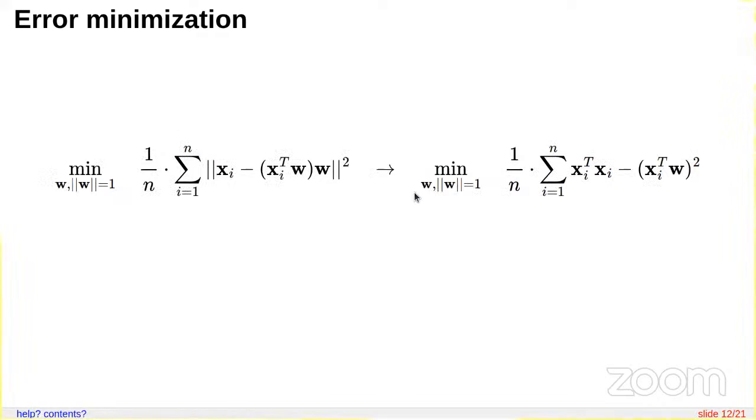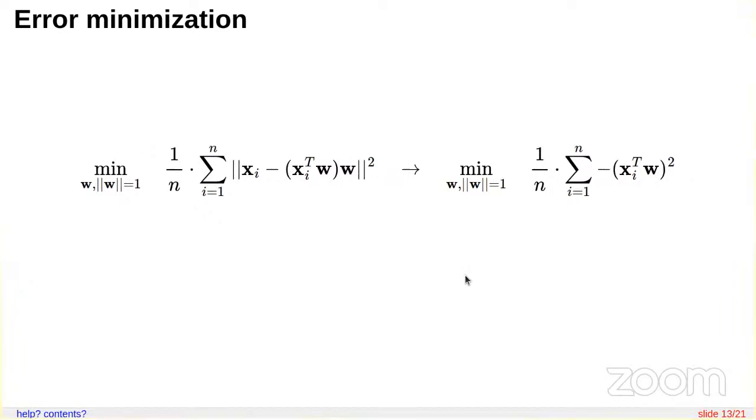So this is just the way the minimization problem is changing. We started off with this, and we can further simplify it as: minimize with respect to w the summation of minus xi transpose w whole square.